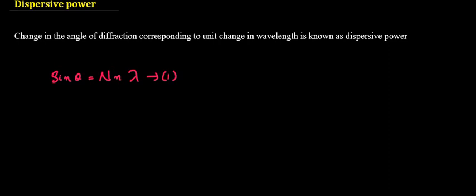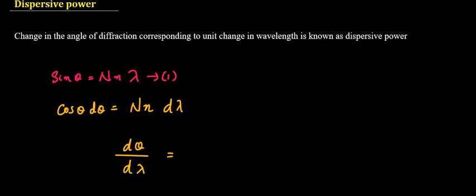What will I get? I'll get cos theta d theta is equal to capital N small n d lambda, since capital N is a constant and the order is a constant. Let's rearrange this equation. The dispersive power is the change in the angle of diffraction corresponding to the change in the wavelength, so d theta divided by d lambda.